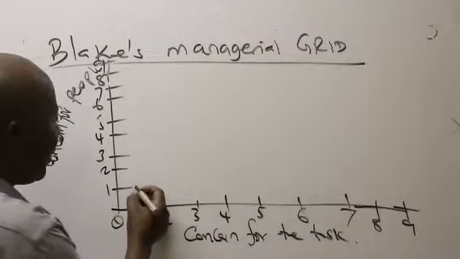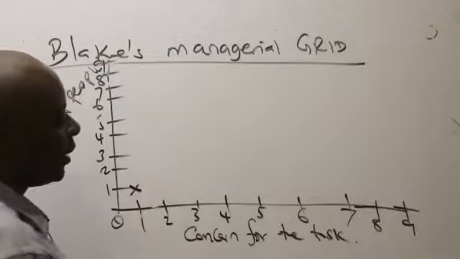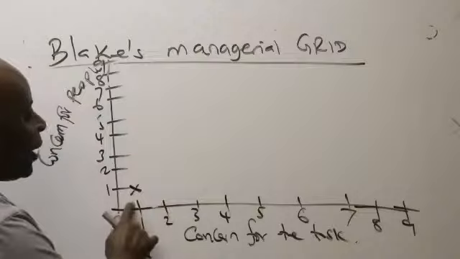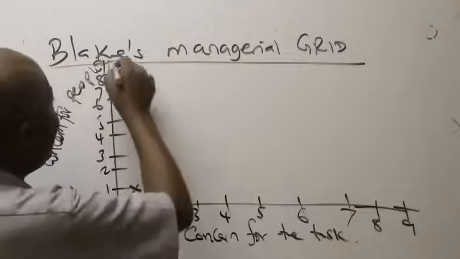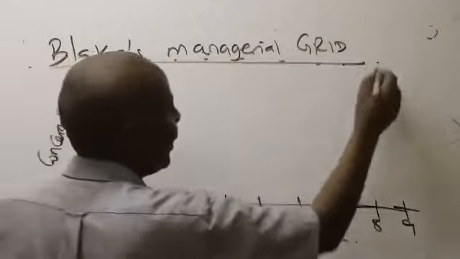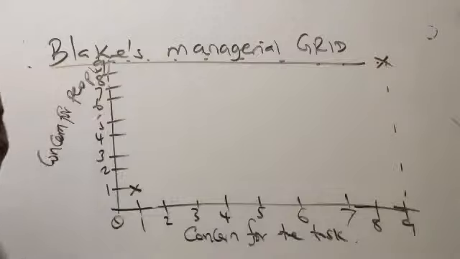Now we have this manager who operates at this particular point there. We have another manager, ladies and gentlemen, for example, who is at 9, 9. So please let me know whether you guys have been able to write up to here.